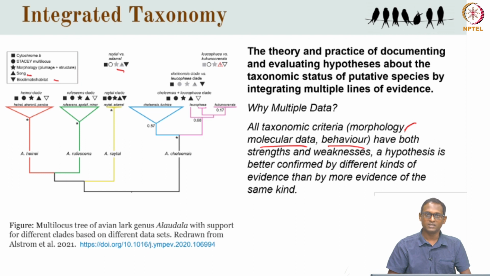So gone are the days when you could just have a morphology based taxonomy, or just a vocalization based taxonomy, or just one based on DNA. Increasingly, people want an integrated taxonomic approach before putting out ideas of what forms a species or not.